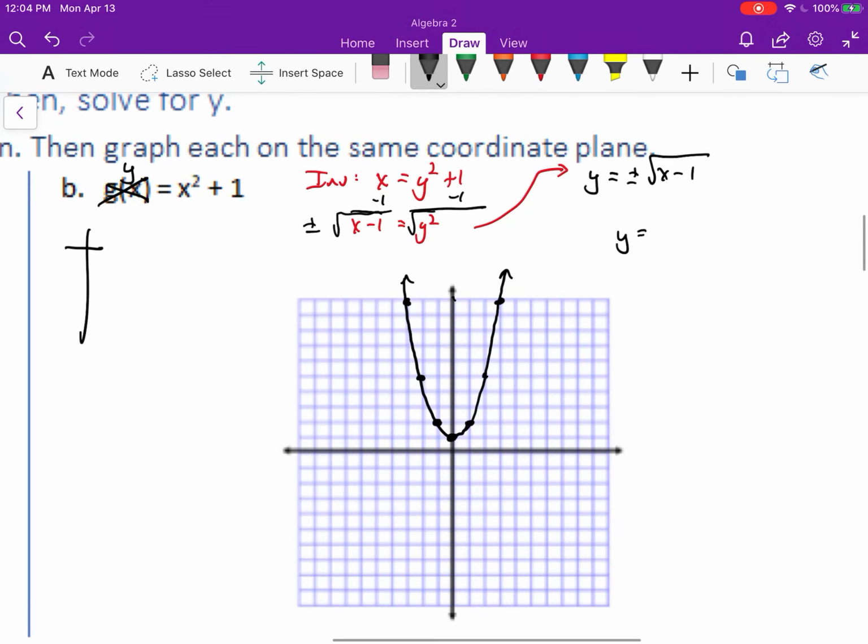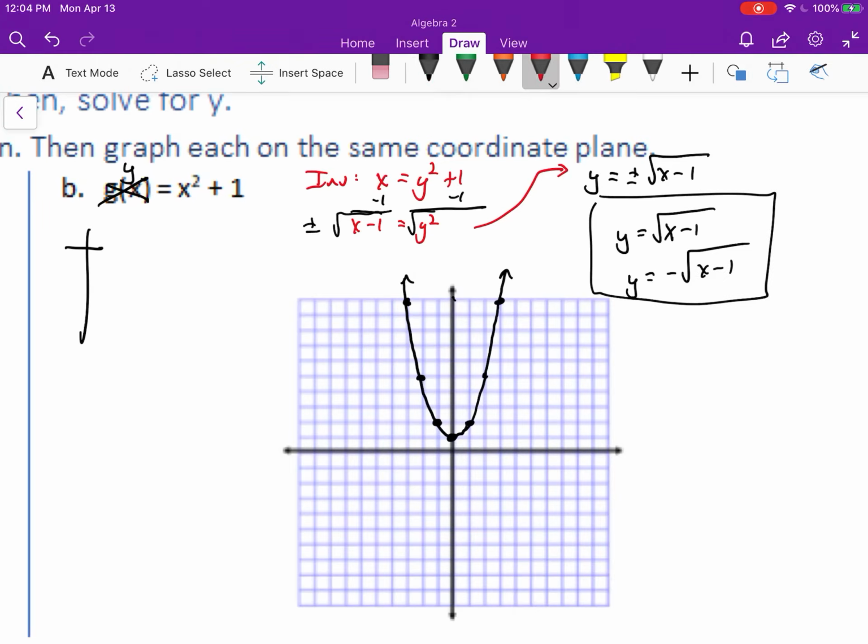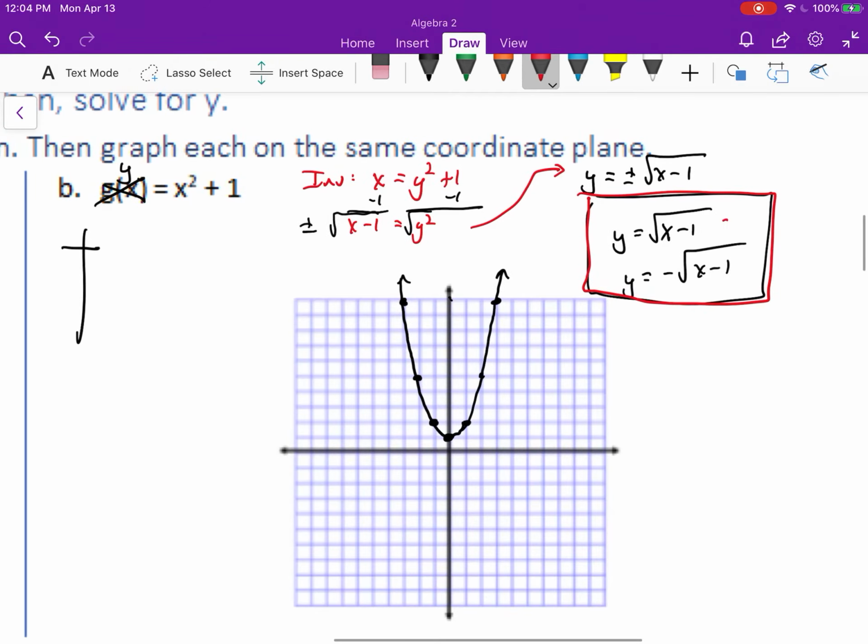Well, we did graph these before, so this is the same thing as having two equations here. We want positive square root of x minus 1 and negative square root of x minus 1. So we're going to graph these two things. Actually, we're going to graph them in red. Sorry about that. They'll be in red. So this first one, if you remember, square roots are half a parabola going sideways, and this one is moved right 1.